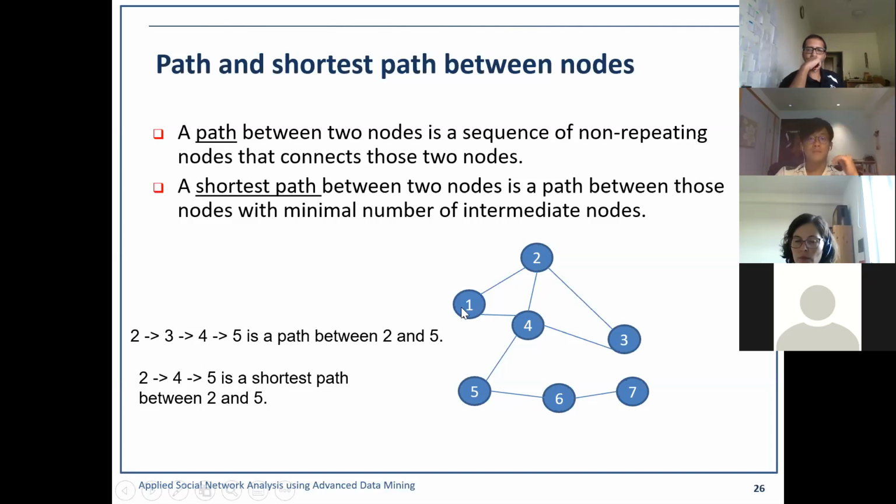There are two shortest paths, 1, 2, 3, or 1, 4, 3. Another path would be 1, 2, 4, 3, which is not a shortest path from 1 to 3. Okay, you got the notion of path and shortest path? It's important. If there are doubts regarding these two concepts, please mention it now.